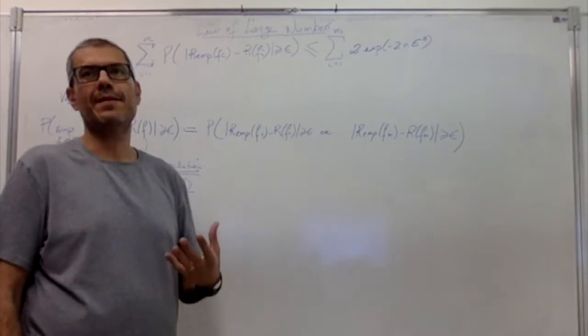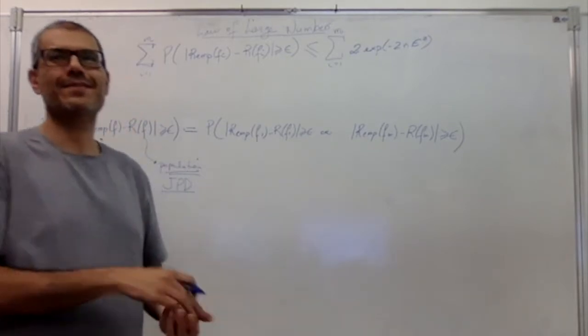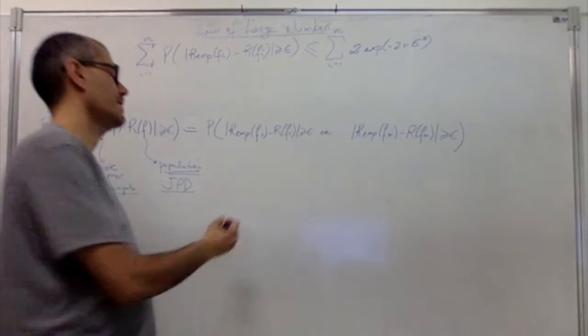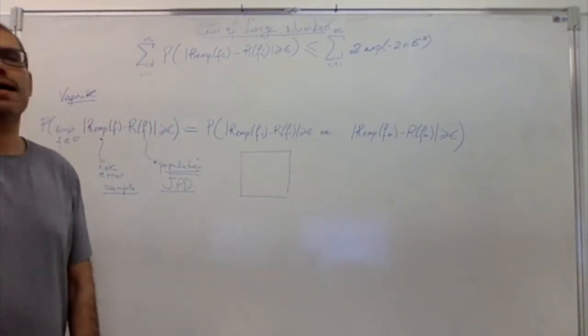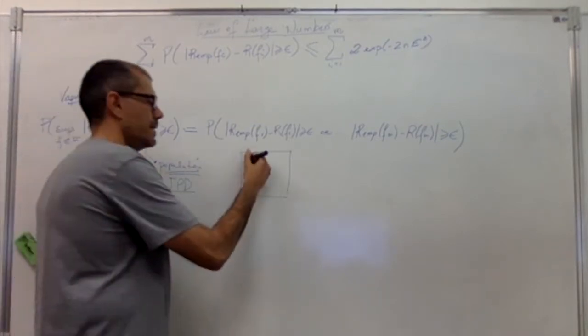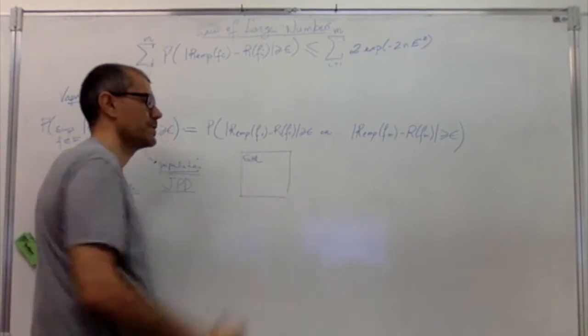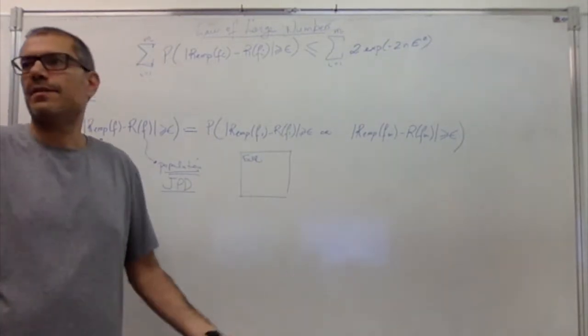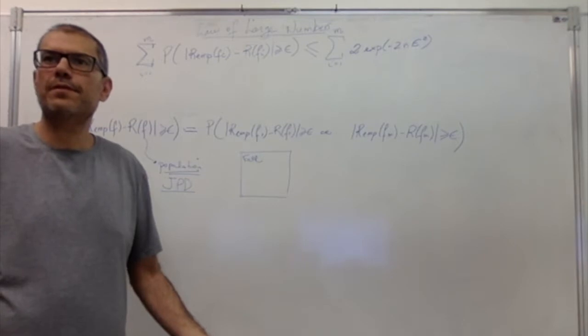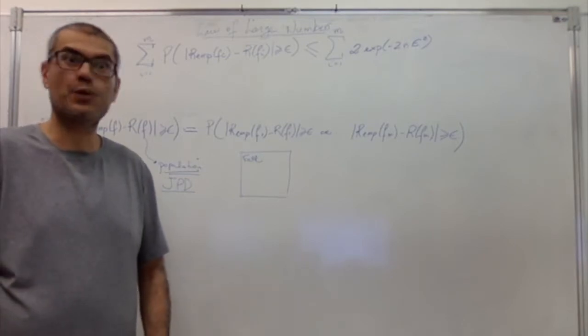What this means is easier to understand if I draw it. Say I have a space, like a square, representing all possible functions in the universe, every function. It's not difficult to imagine: the functions we know and the functions we don't know.